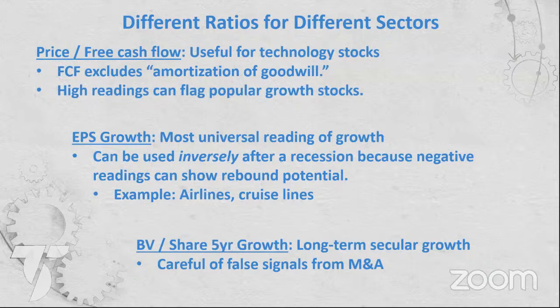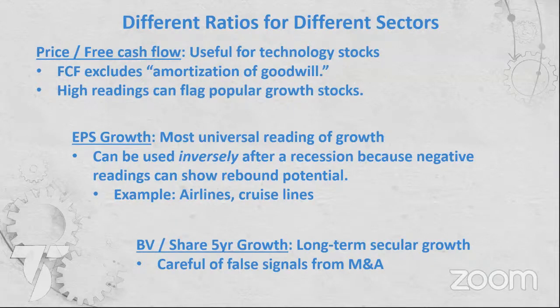So the thing is that free cash flow will exclude that because it essentially takes the earnings and then adds that depreciation back. So price to free cash flow is a way to value stocks that looks past the accounting mechanism of depreciation.